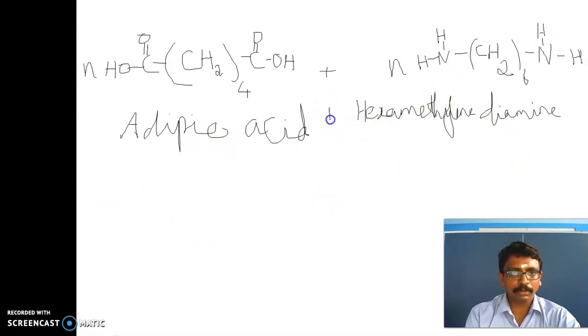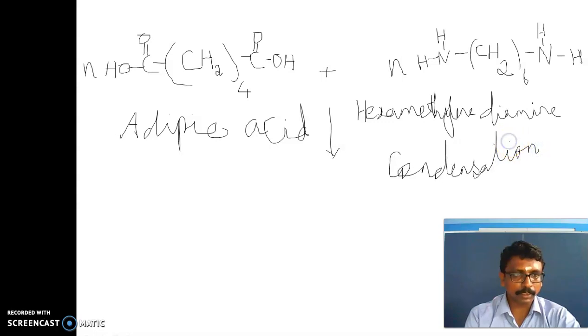So here we have to do the polymerization reaction. What type of polymerization is it? Here it is condensation polymerization. Condensation polymer means nothing but removal of a water molecule, that is H2O, or HCl, or ammonia NH3.